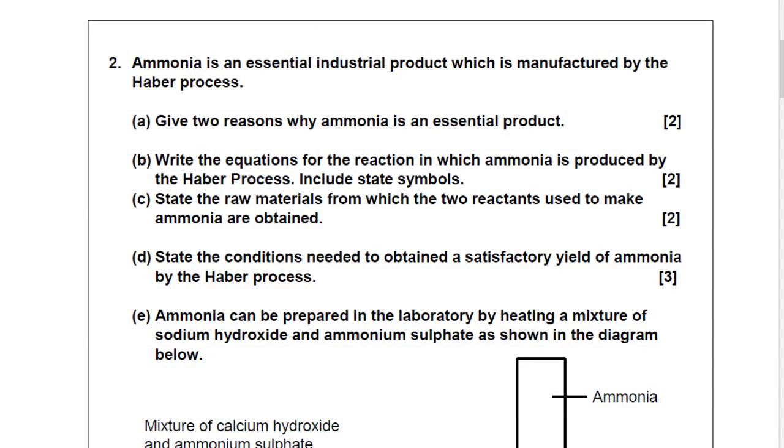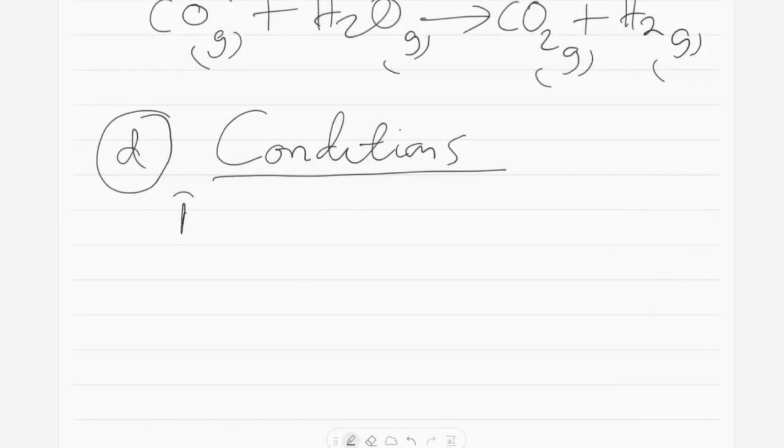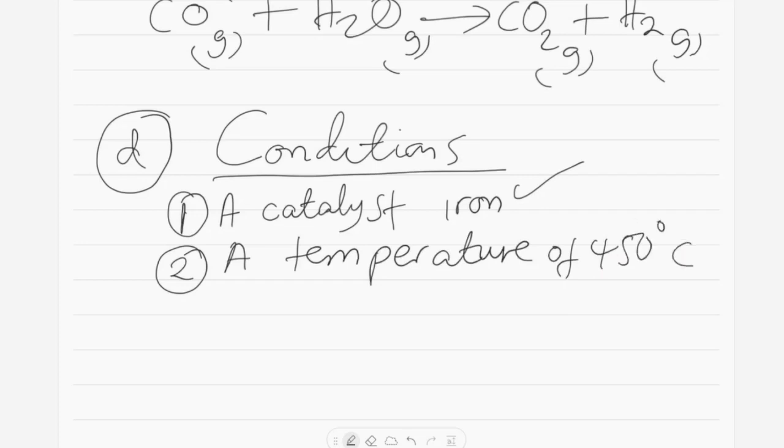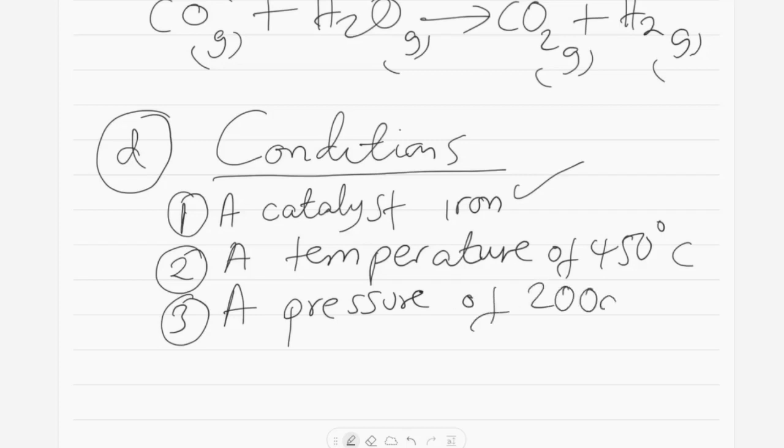So the conditions: number one, we need a catalyst which is iron. 2, we need a temperature of 450 degrees Celsius. 3, we need a pressure of 200 atm atmospheric pressure.